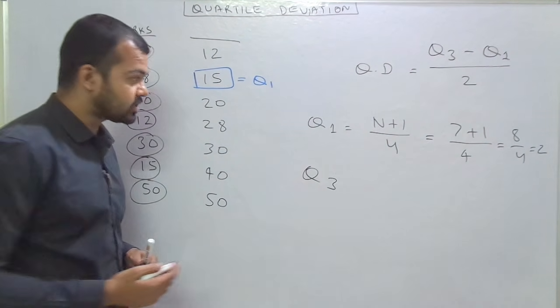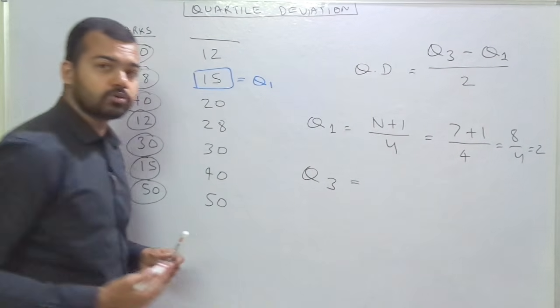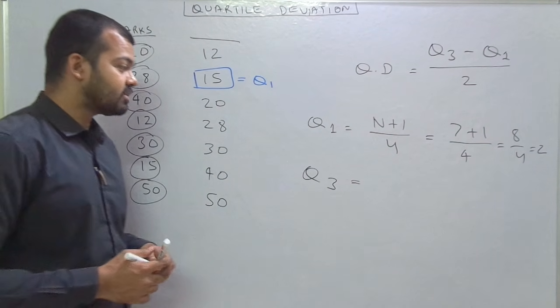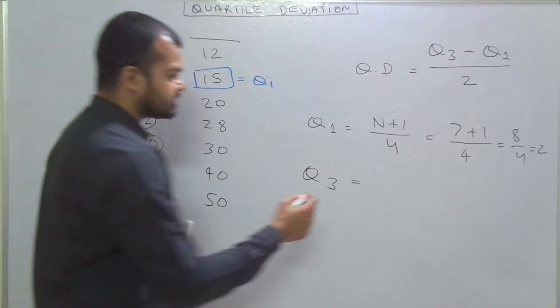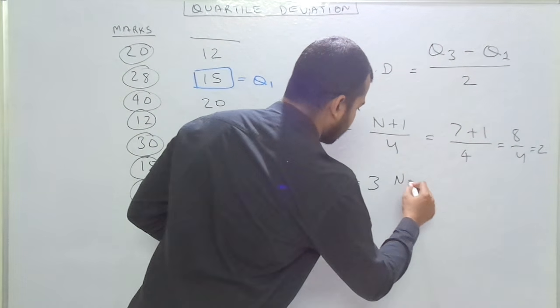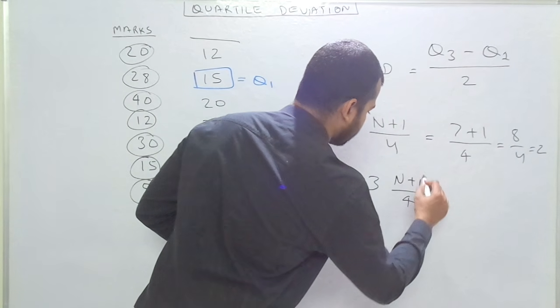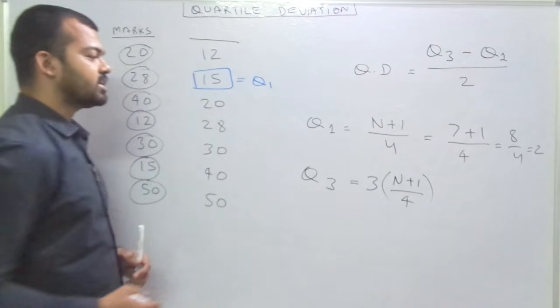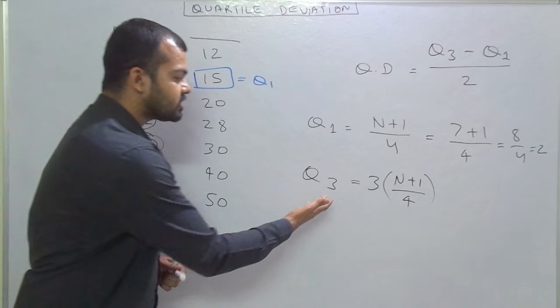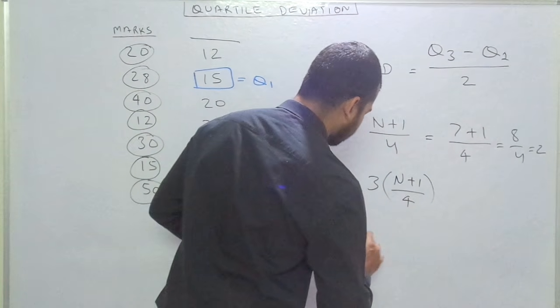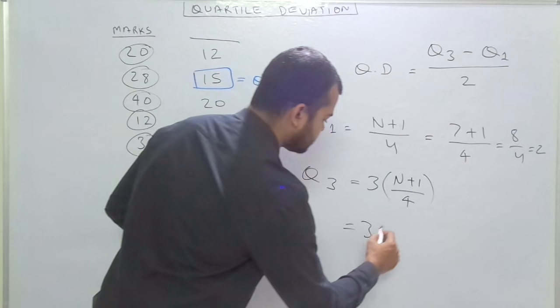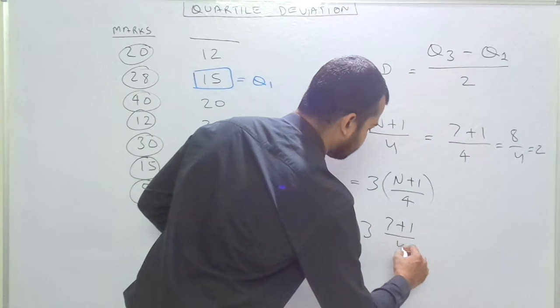Now we have to calculate Q3, because Q2 is also known as the median. That is why we are not calculating the median. For Q3, the same formula, 3 times n plus 1 divided by 4. Why are we multiplying by 3? Because we are calculating the third quarter, that is Q3. Putting the figures in the formula, 3 times 7 plus 1 divided by 4.